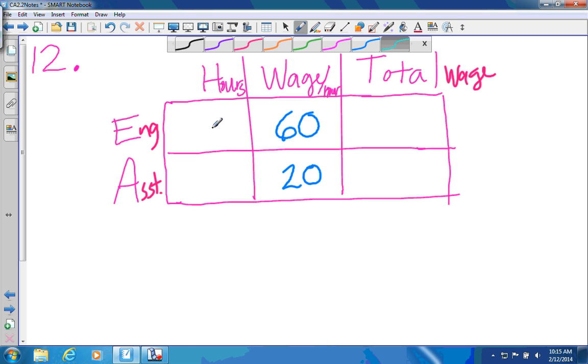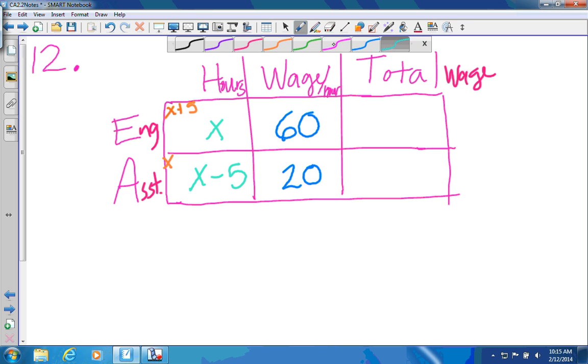So then that means one of these two has to be X. And it doesn't matter which one you put as X. So if you put the engineer as X, the assistant worked 5 hours less, so then that would be X minus 5. Now, had you gone the other way and said this one was X, then this would be X plus 5. Either way, it doesn't matter.